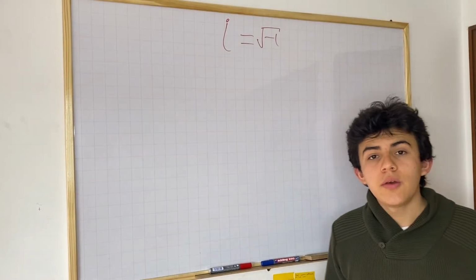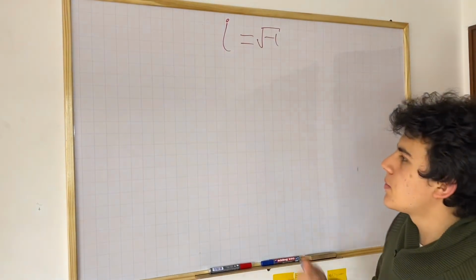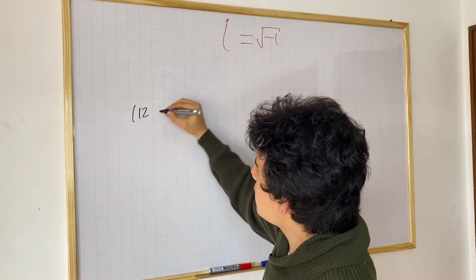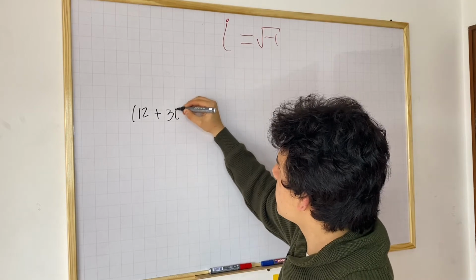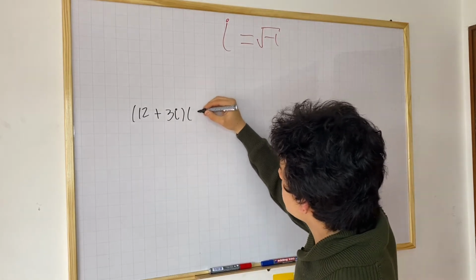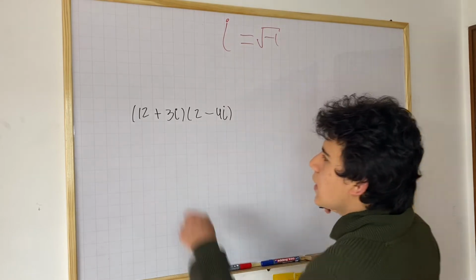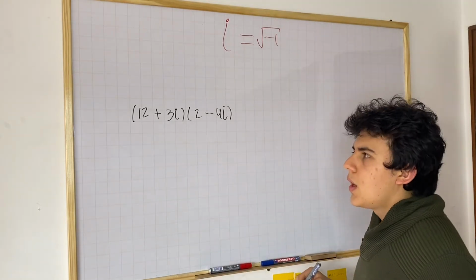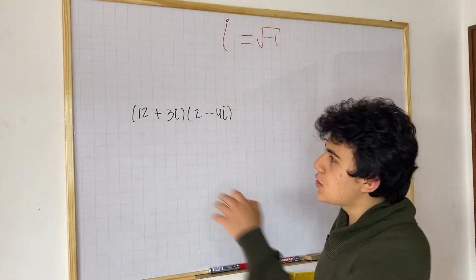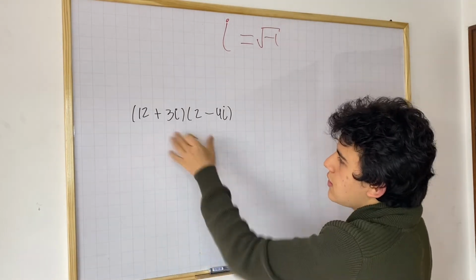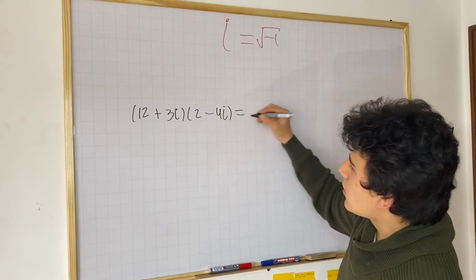Now what about when you have a product of complex numbers? So let's suppose we have, in this case, 12 plus 3i times 2 minus 4i. Now how do you solve this? Well, as you would normally do in algebra, you just simply need to distribute or FOIL each of these numbers. So let's do that.